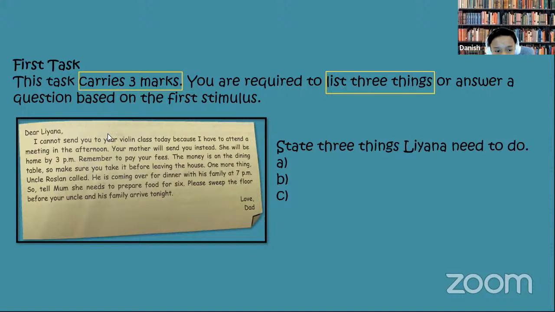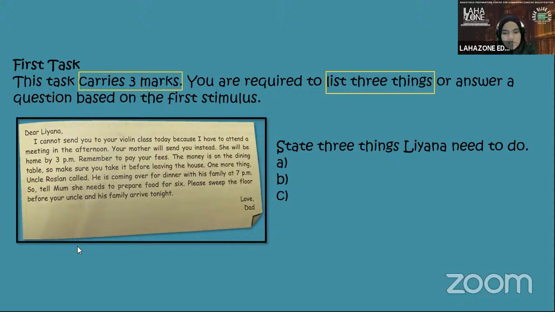The money is on the dining table. So make sure you take it before leaving the house. One more thing, Uncle Roslan called. He is coming over for dinner with his family at 7 p.m. So tell mom she needs to prepare food for 6. Please sweep the floor before your uncle and his family arrive tonight.